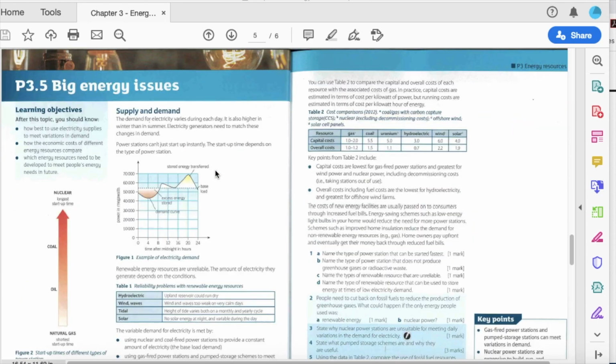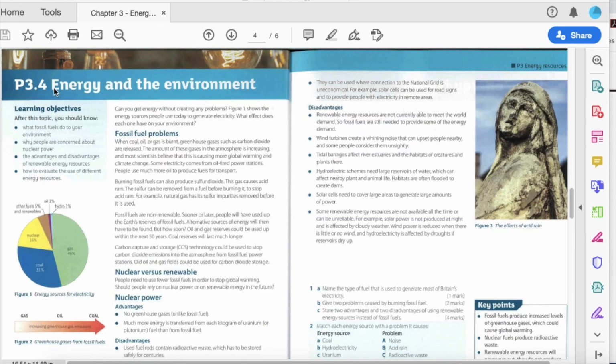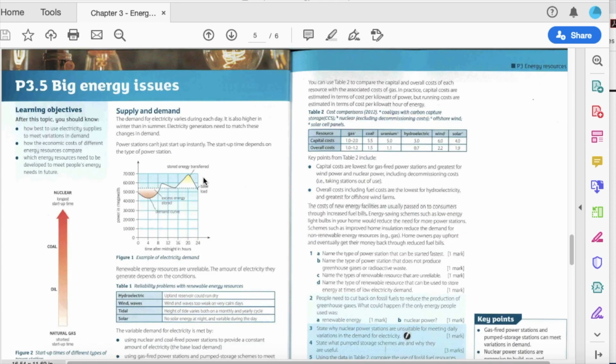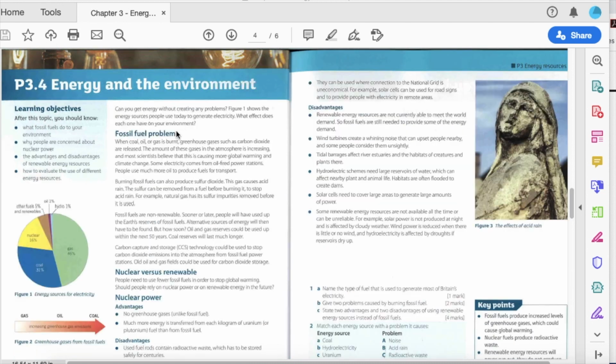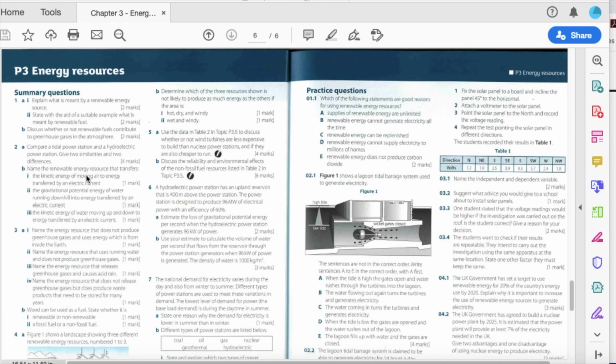This week and next week we are finishing P3.4 Energy and the Environment and P3.5 the Big Energy Issues. Now, some of you, I think only one or two, have tried the summary questions, which is fine.